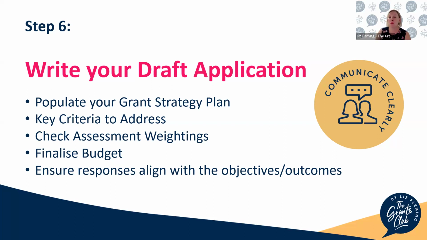So this is where we're going to populate the grant strategy plan for those questions. Again, some of the questions are going to be 500 words, some are going to be 150 words. It just depends, but that's when we need to work through to populate them and start writing. Again, looking back to those guidelines of what the key criteria to address are and how they are going to weight and assess your answers.